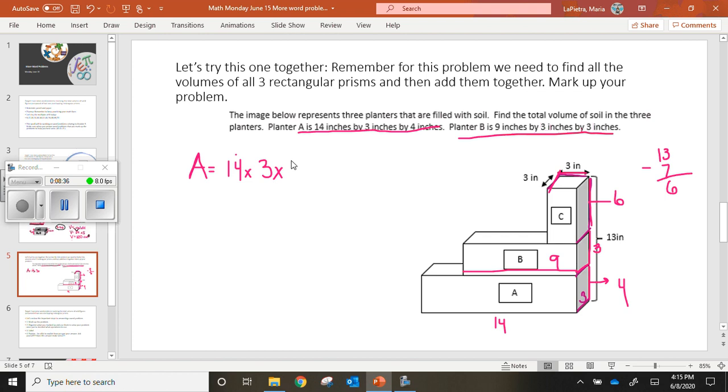Okay, go ahead and multiply those. I will give you a second. Okay, you should have come up with 168 inches cubed.